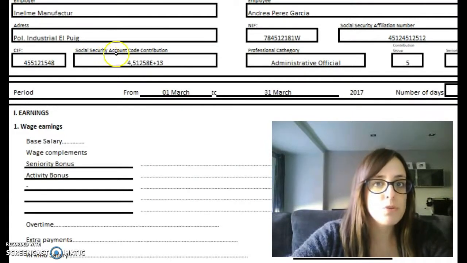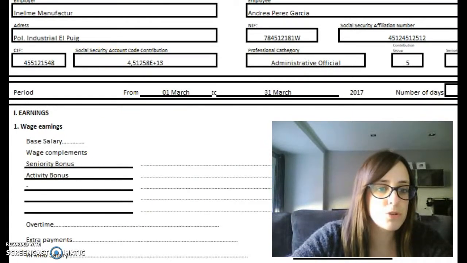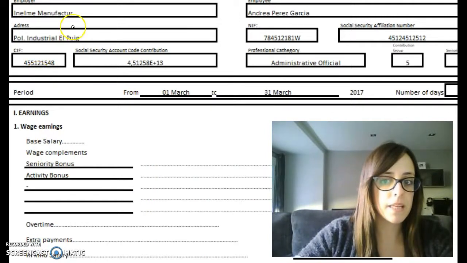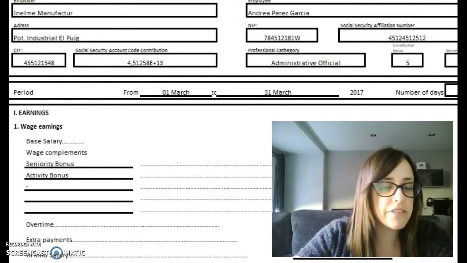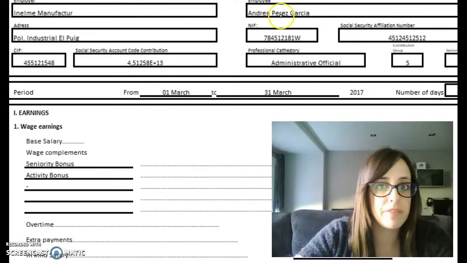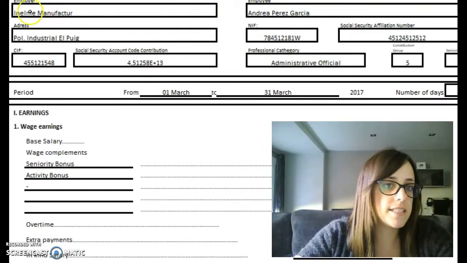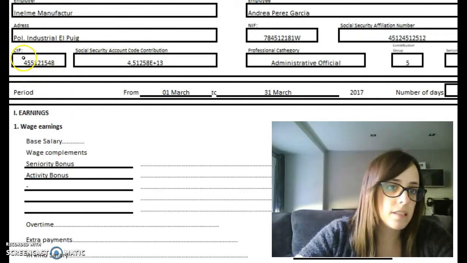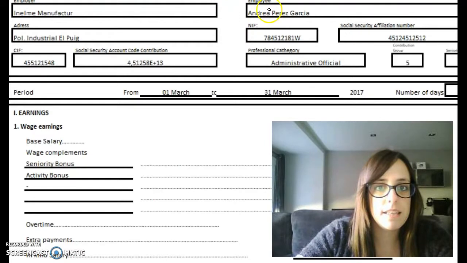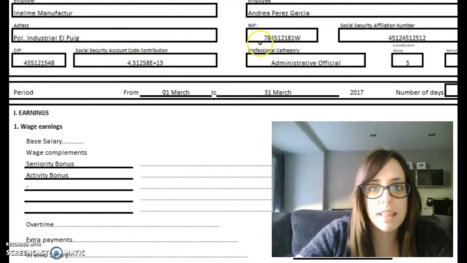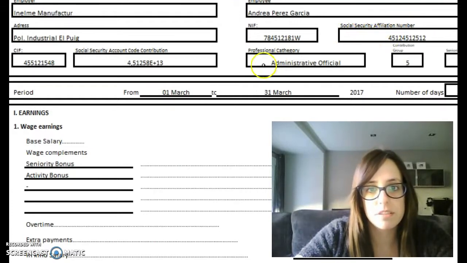Now we calculate the payslip. How to fill in a payslip. The first step, we have the data of the employer and the employee. In this case, a manufacturer, address, Polygon Industrial Inputs, TIF, Social Security, and the name of the employee, Andrea Perez Garcia, her NIF, and her Social Security affiliation.